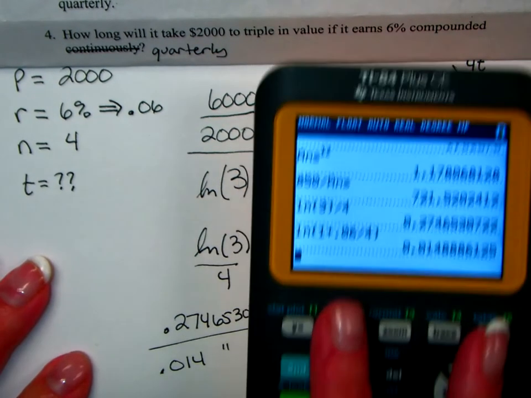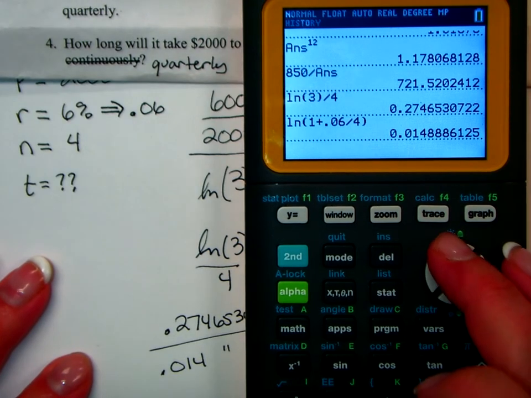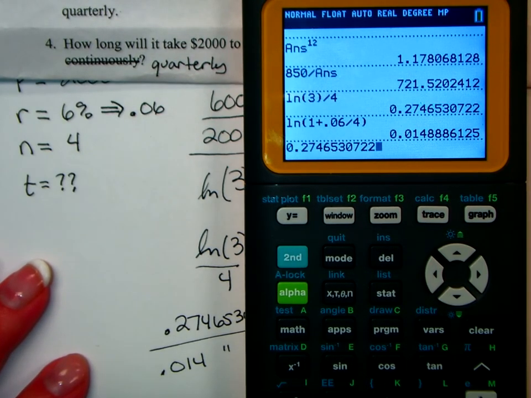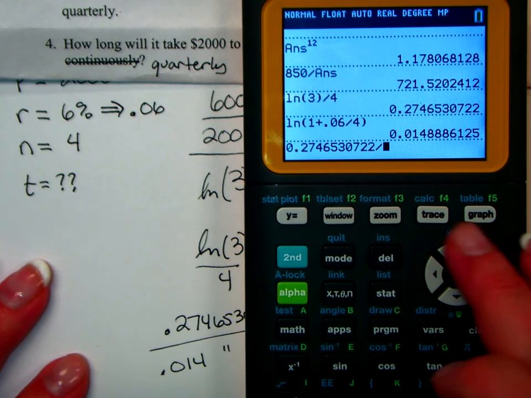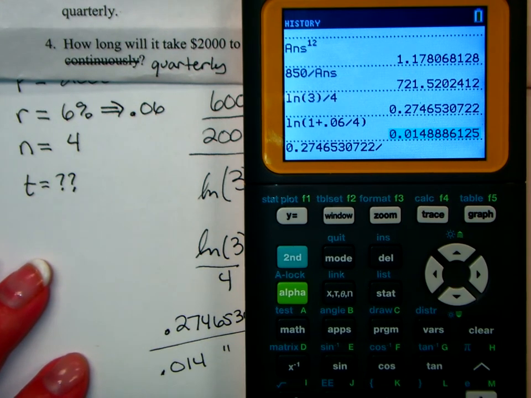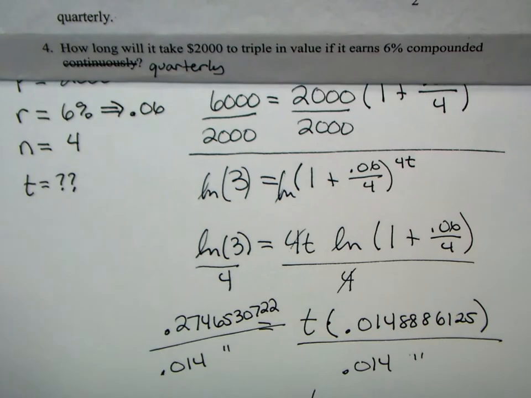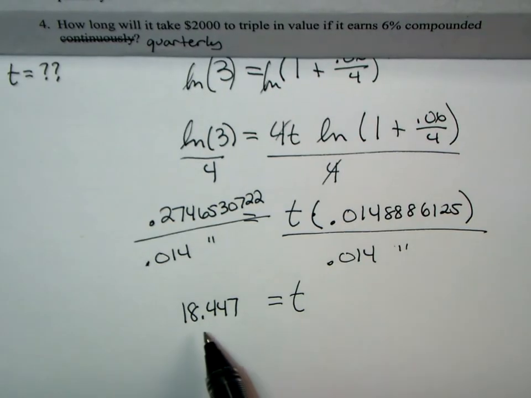You can use your direction arrows to grab it. I'm going to scroll up, grab that 0.27 decimal, divide it by that 0.014 decimal, and hit enter, and that's 18.447. So this is what time is. Basically, it's going to take 18.5 years for the investment to triple if you're only getting 6% interest.